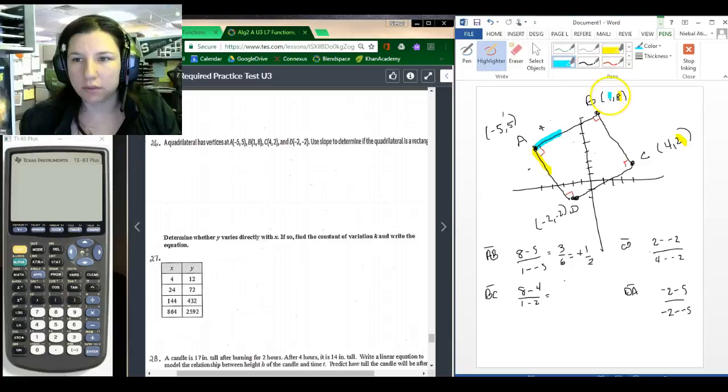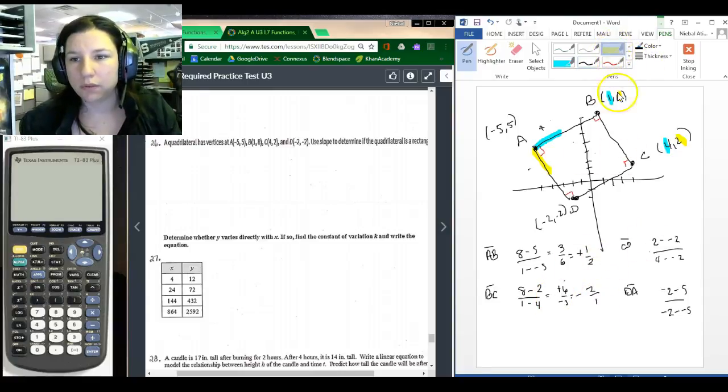That'll make everything easier. Okay, so it should be 8 minus 2 and then 1 minus 4. So that's going to give us +6 over -3, which is -2/1.